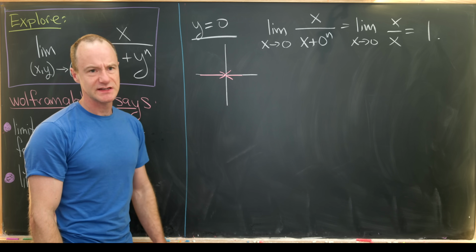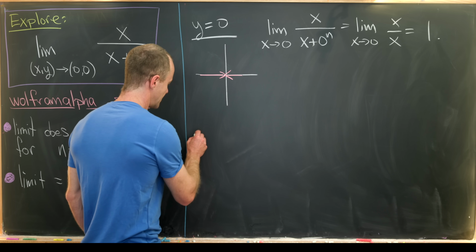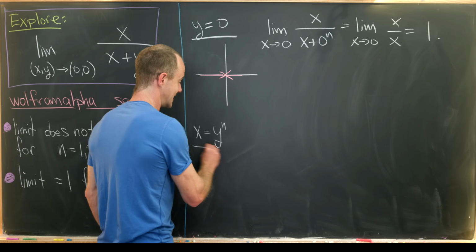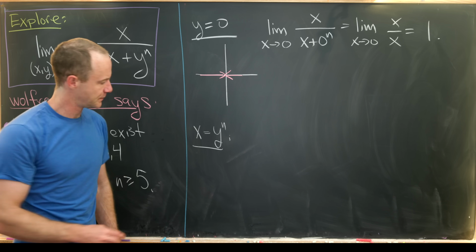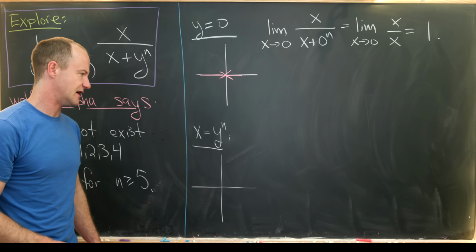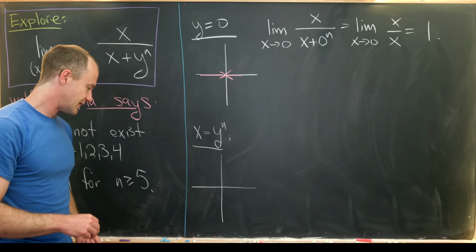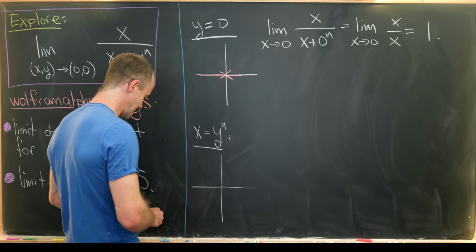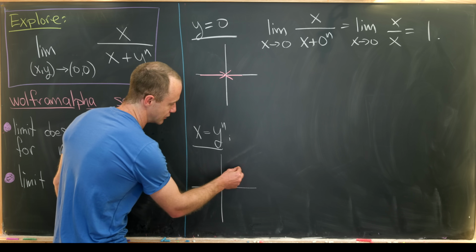Okay, so now let's go in along another curve. Let's say we're going along the curve x equals y to the n now. So what does that look like? Well, it really depends on if n is even or odd. Maybe I'll look at the case when n is even in orange, and the case when n is odd in blue.